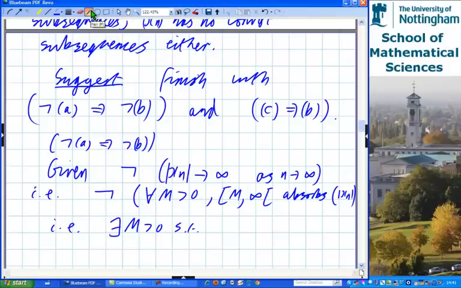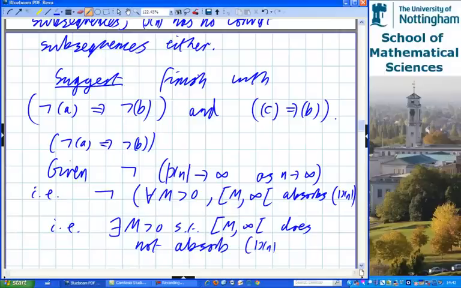And I need another bracket, but never mind. Run out of room. There has to be an m greater than 0 such that this interval doesn't absorb the sequence. And what I wanted to really write up there is that sequence as n goes from 1 to infinity.